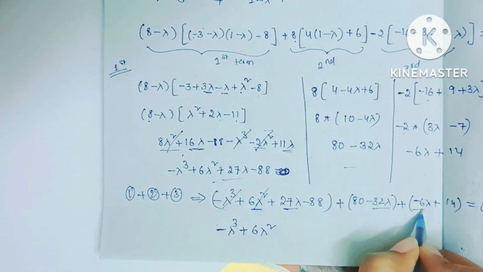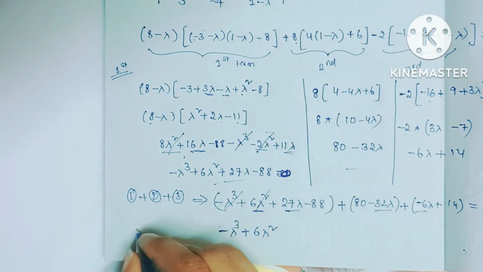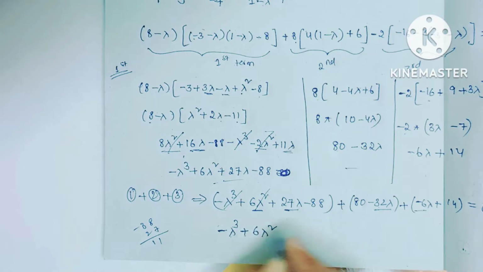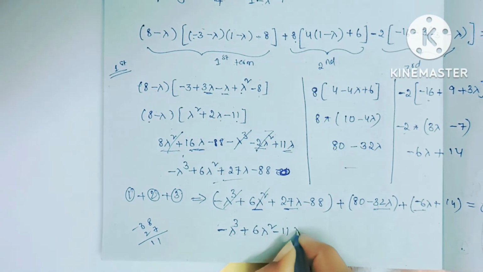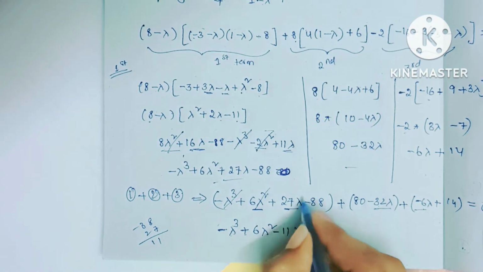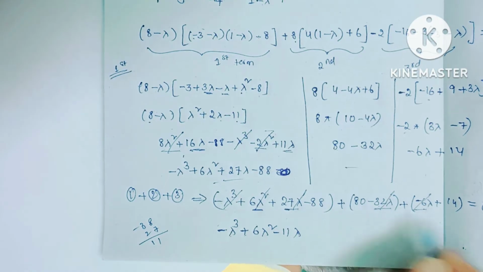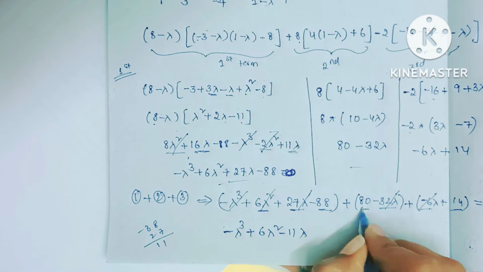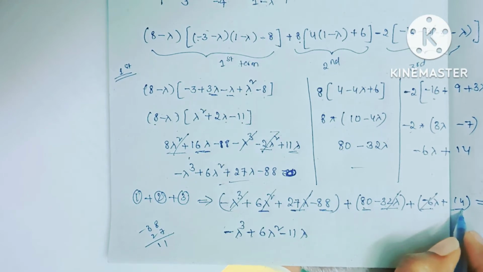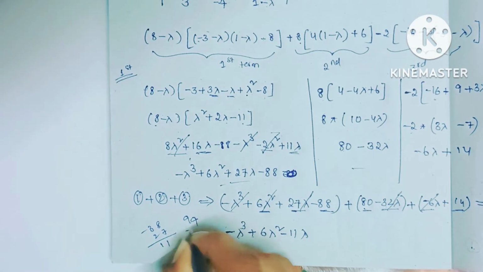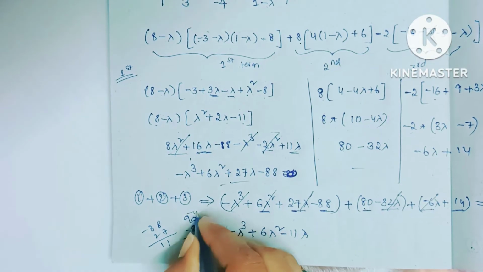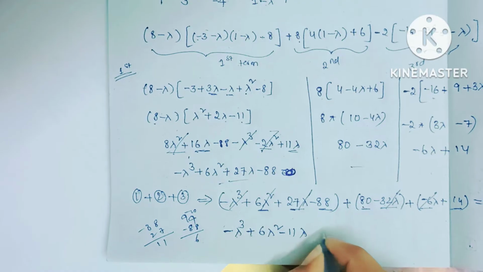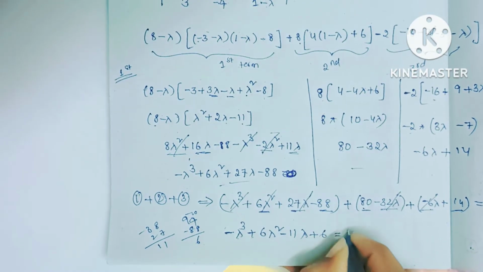So minus 38 lambda plus 27 lambda, we'll get minus 11 lambda. Okay, and the remaining lambda terms are cancelled. And here minus 88 plus 80 plus 14: 80 plus 14 is 94, minus 88 is 6. So here we will get plus 6, which is equal to 0.